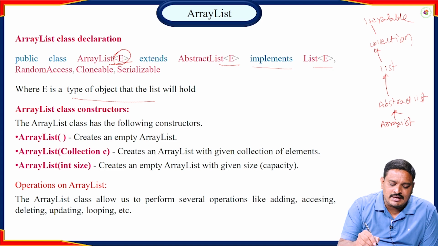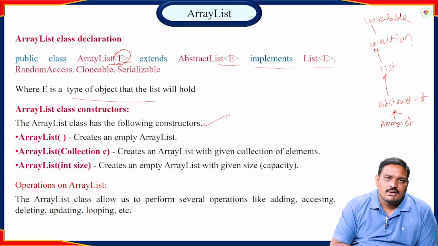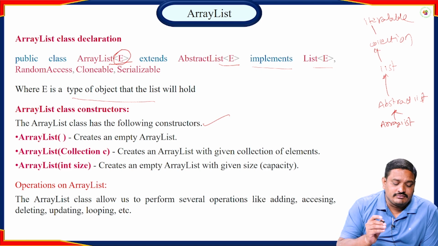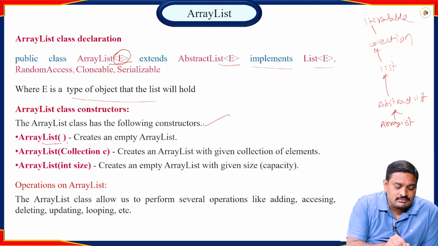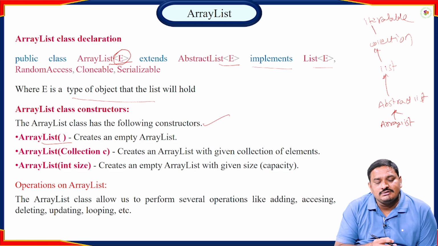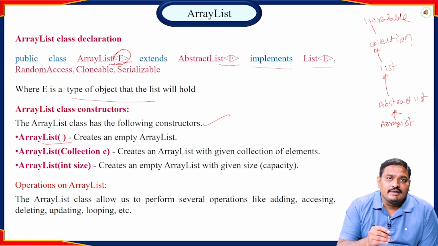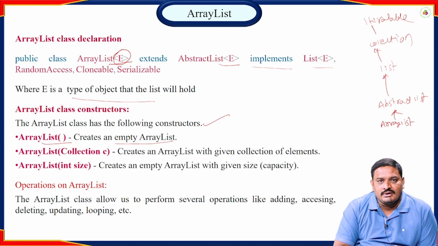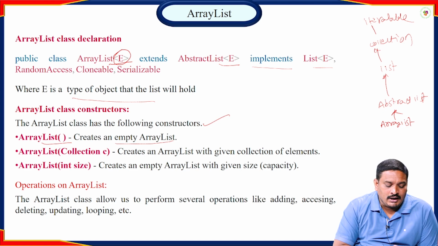What are the different constructors in the ArrayList? The first one is ArrayList with zero parameters. It creates an empty ArrayList.